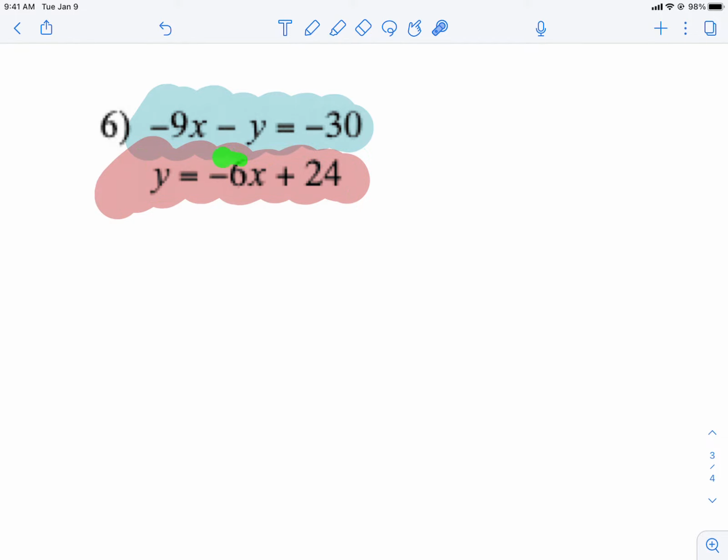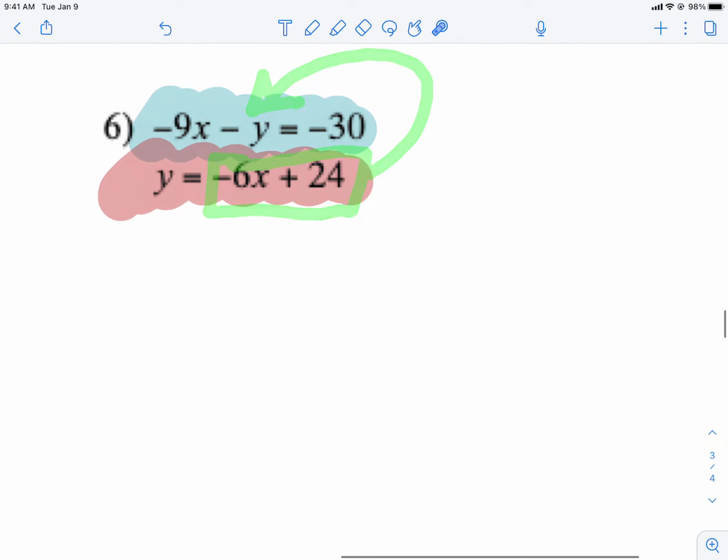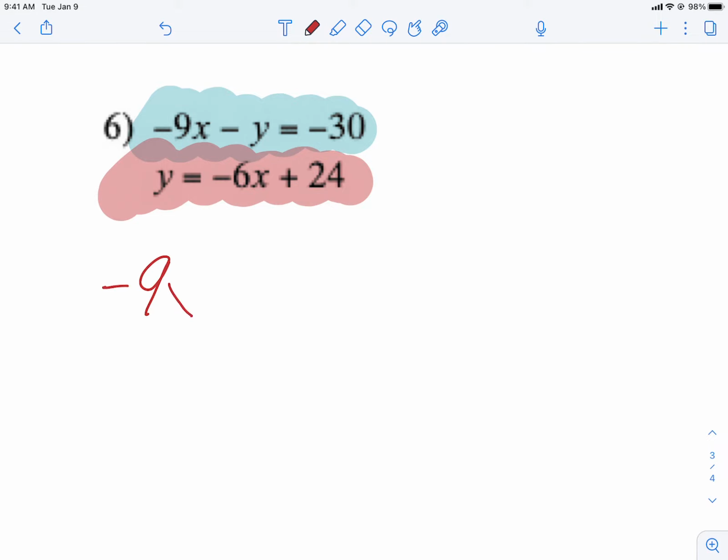So I'm going to take whatever y is and plug it in right here where y is in that blue equation. So let me write this blue equation again, but instead of writing y, I'm going to put a big parentheses, is equal to negative 30, just like this.